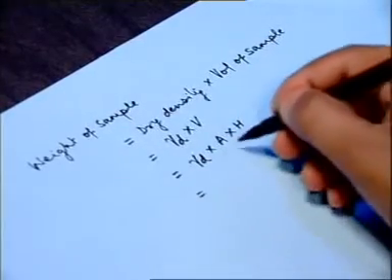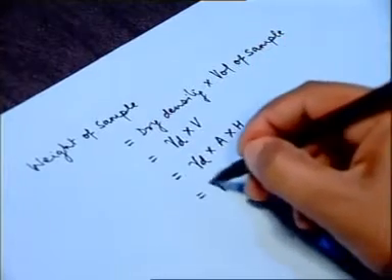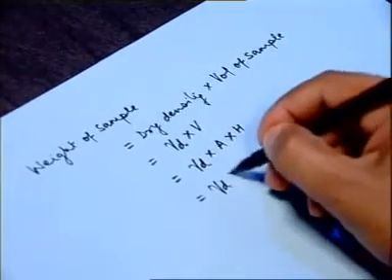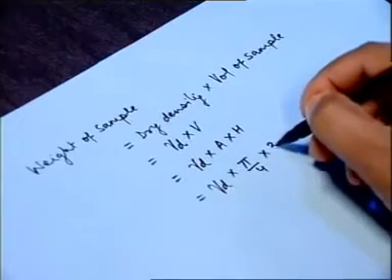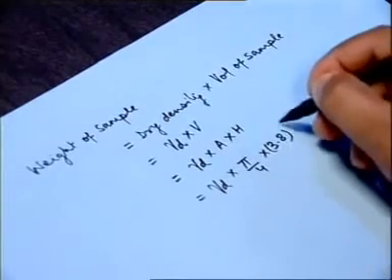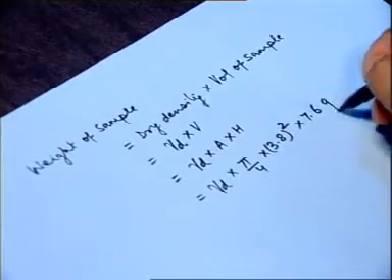By putting the value of area and height, weight of sample is equal to gamma d multiplied by pi by 4 multiplied by 3.8 whole square multiplied by 7.6 gram.